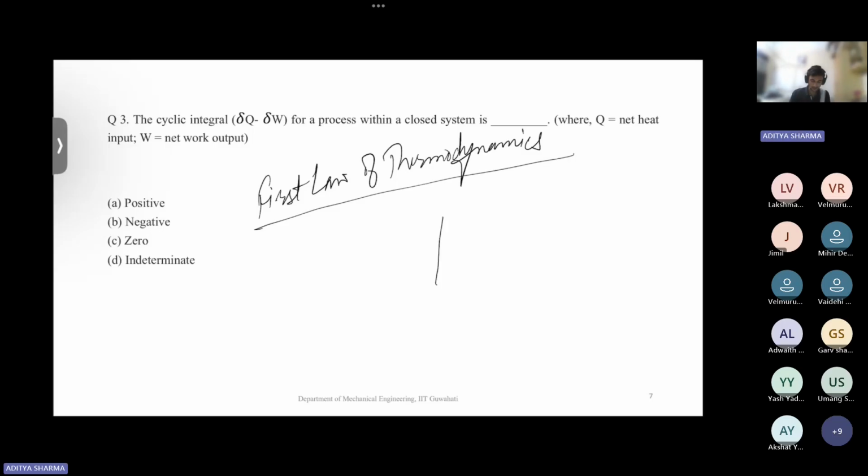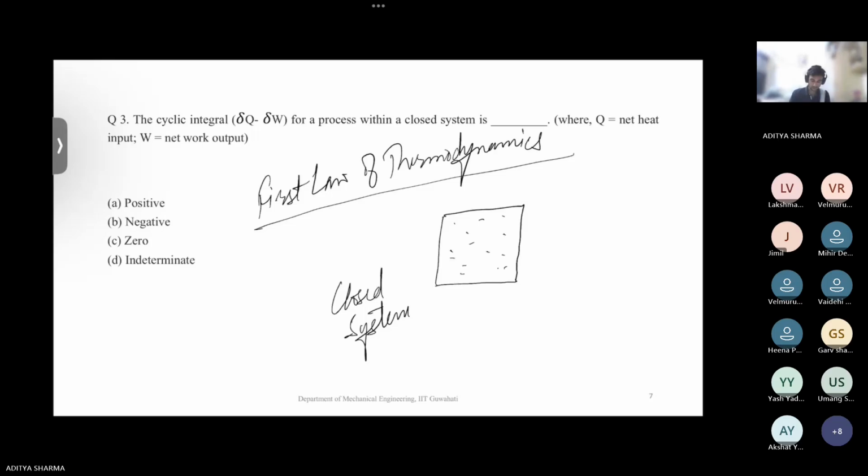So this means that if let's say we have some system, a closed system, because it says closed system, and we have some gas in this system, right?